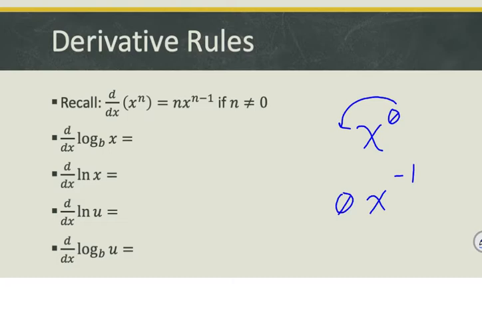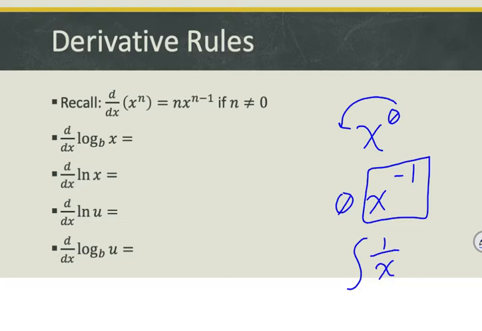Now, this is why it doesn't work for 0, because it would just wipe out the whole thing. But we still have to have something that gets us that, because that's one derivative that we haven't gotten. It's also one integral that we've never done. Like we haven't done the integral of 1 over x yet, right?